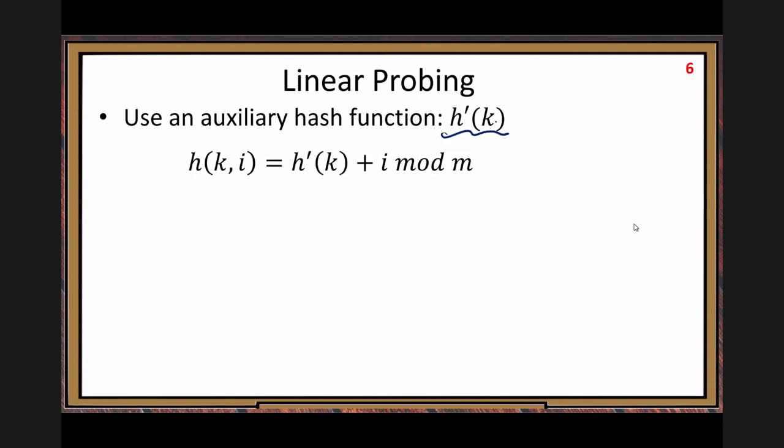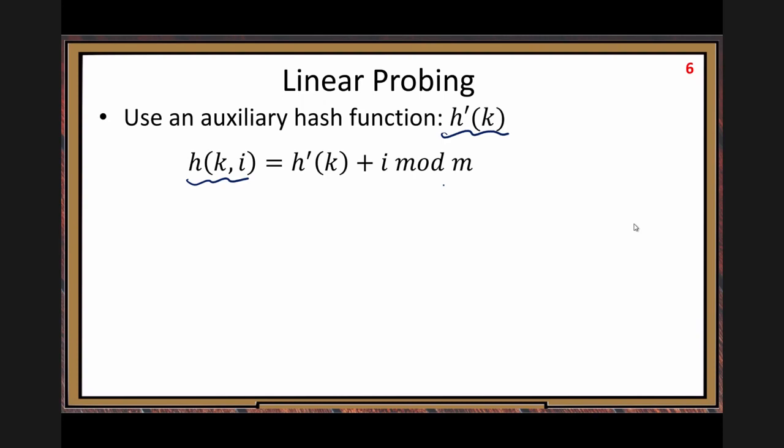We define this way. h of k comma i equals h prime of k plus i mod n. Mod n. Okay? Here you can see we have a chance to change the hash function values.